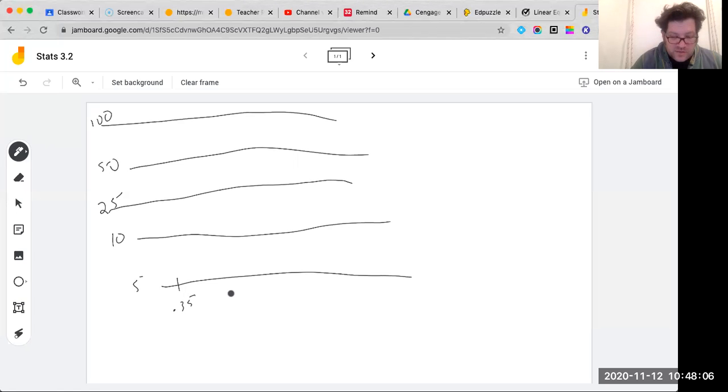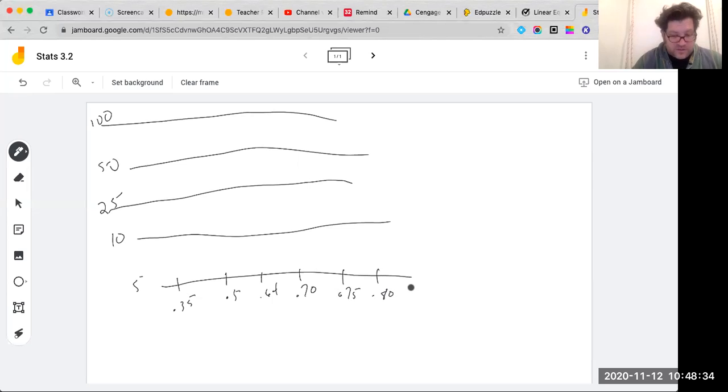And then next we have 0.5, 0.64, 0.70, 0.75, 0.80.